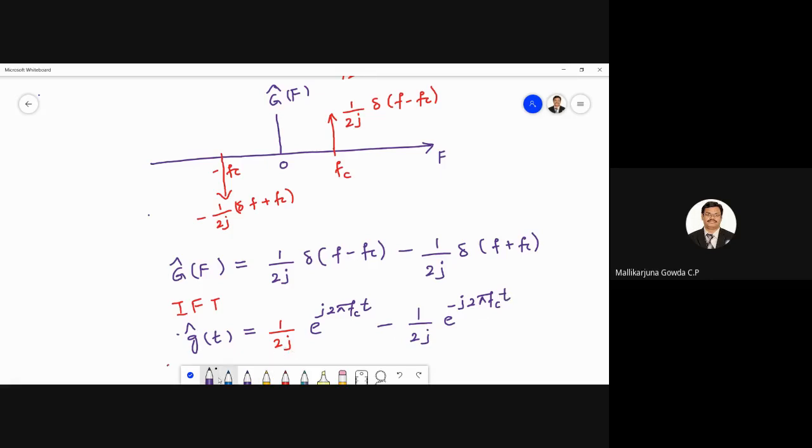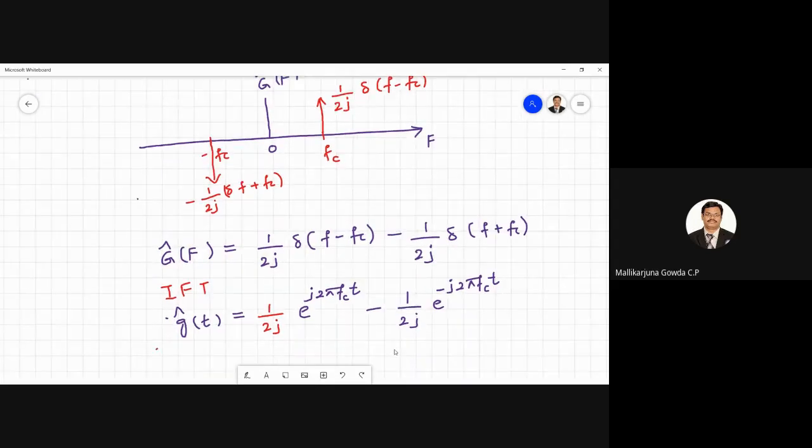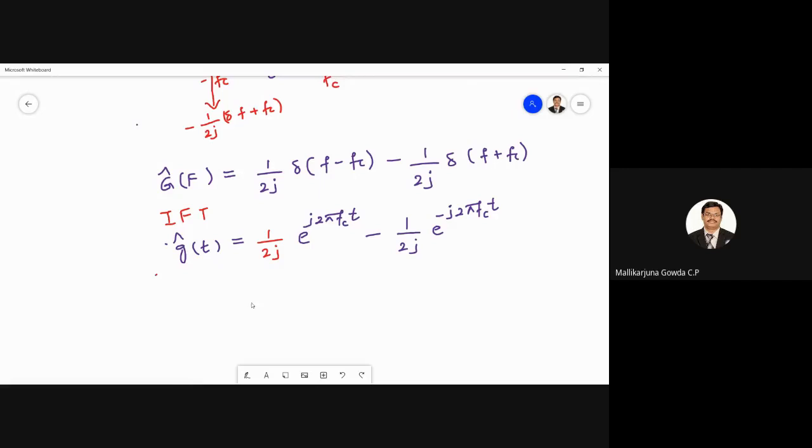Okay. So understood now? So now I can write e power j 2 pi fct minus e power minus j 2 pi fct divided by 2j, right? It is nothing but sine of 2 pi fct.